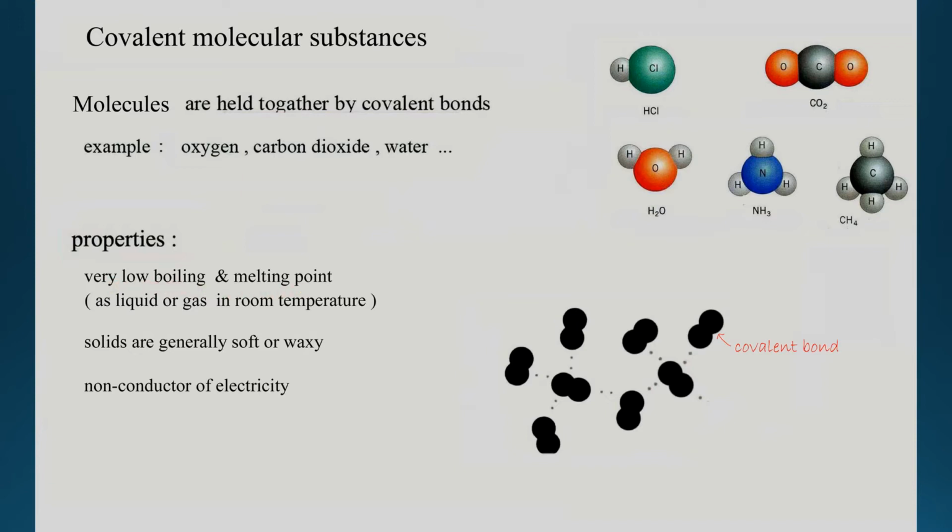Usually at room temperature, you will find them as a liquid or as a gas. Even if you lower the temperature enough that they form a solid, this solid will be quite soft and waxy.